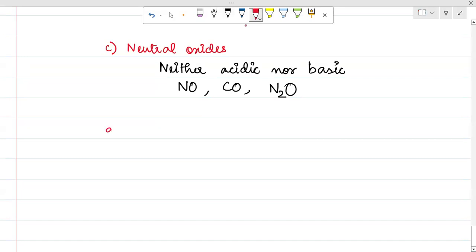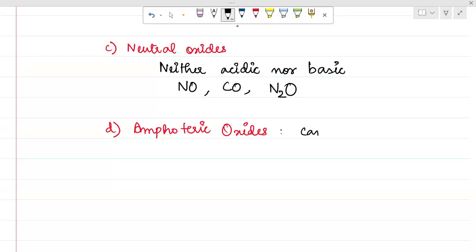And on the other hand, you have amphoteric oxides. Amphoteric oxides are those which can act as both acids and bases depending on the solvent. There is a long list of elements which combine with oxygen to give amphoteric oxides, and you have to learn them.